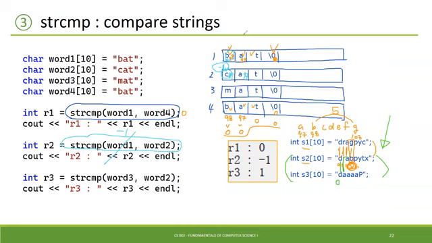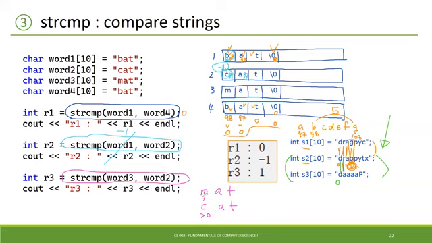So look at this one. I just want to show you what happens in the memory. And look at this one, word 3 and word 2. Word 3 is MAT, and word 2 is CAT. So computer will do subtraction, M minus C. M minus C will be a positive number, right?